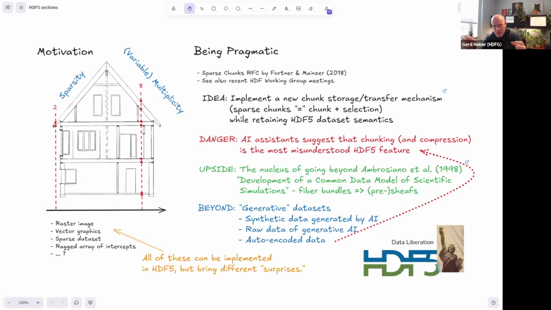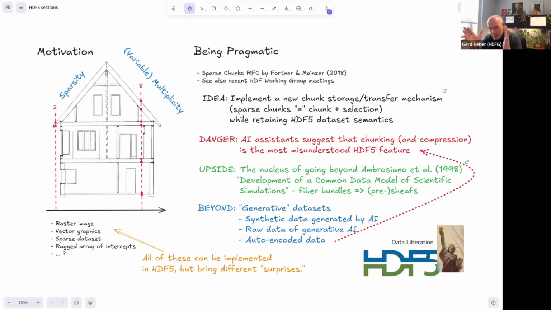Since we need to represent them in storage and in memory, we need to modify the transfer mechanism a little, because we would store them, as the RFC suggests, basically as dense chunks. However, these dense chunks do not represent certain sections of your data space in storage, as dense chunks do right now.